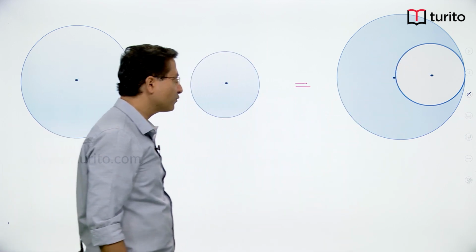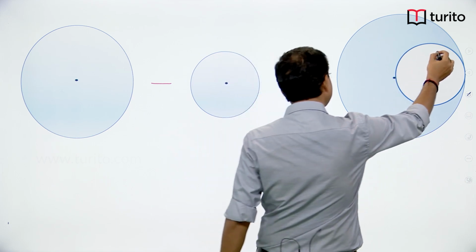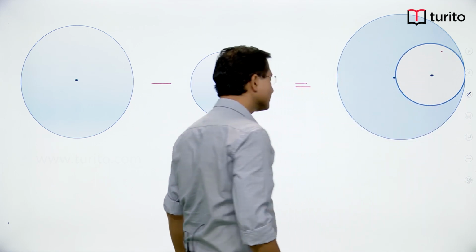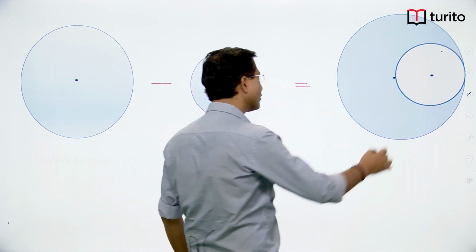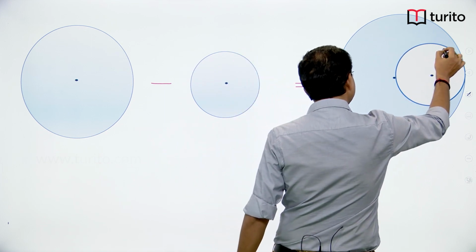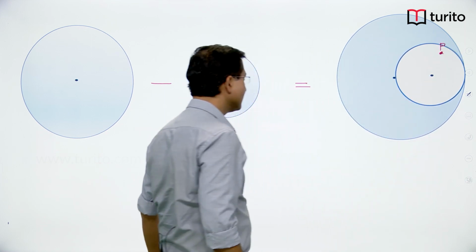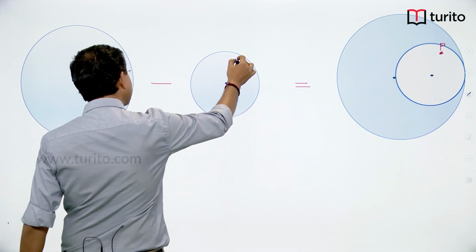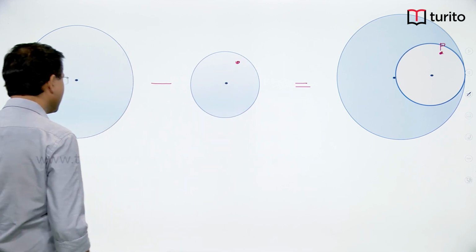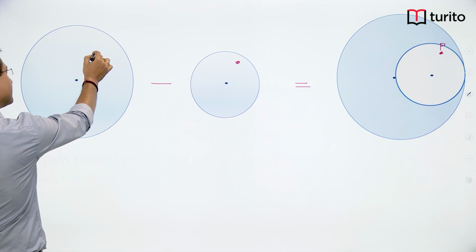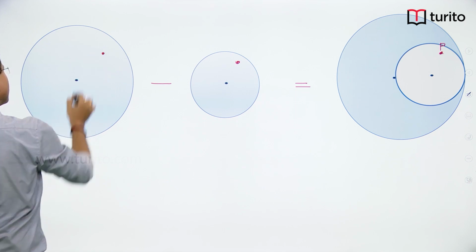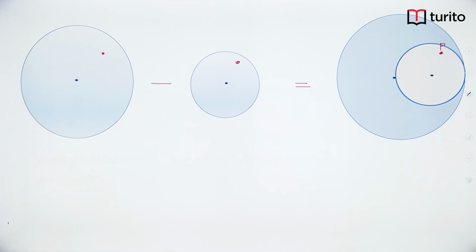And if I want to find out the field, say at this particular point, somewhere here, let us call it point P, and that P point will be somewhere here, right.